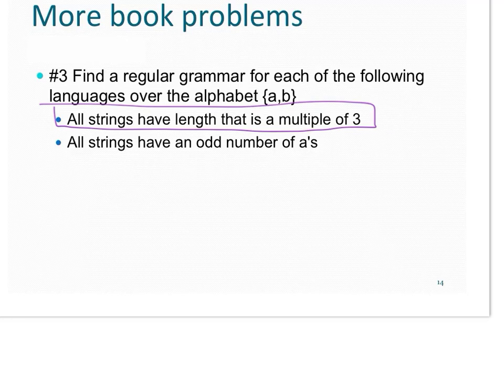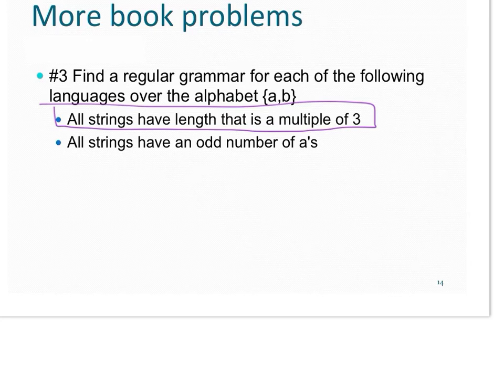So it helps me to think about the regular expression that represents these things. And a length that's a multiple of 3 means that we're going to have to put down chunks of A's and B's where there are 3 of them.